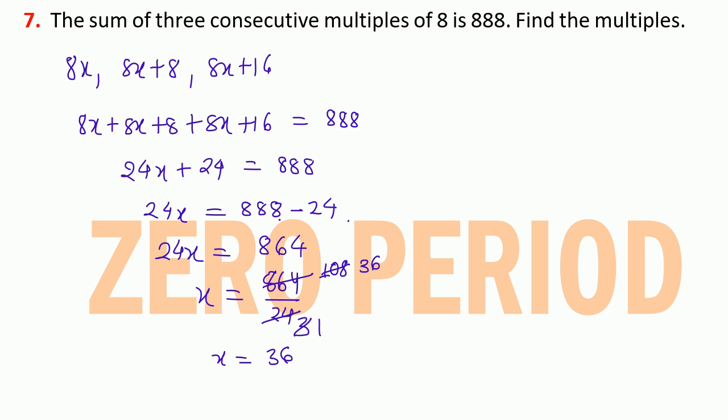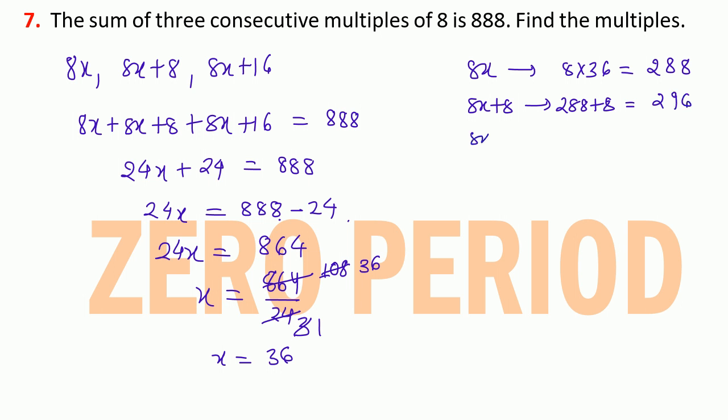Remember it. This is the value of only x. Then 8x will be 8 into 36. It means 8 into 36 is 288. Then 8x plus 8, it means 288 plus 8, and it is 296.